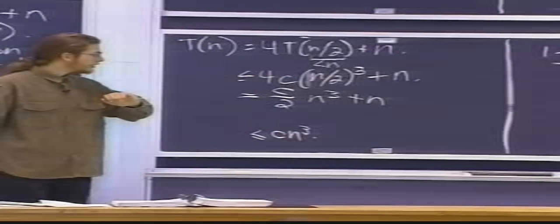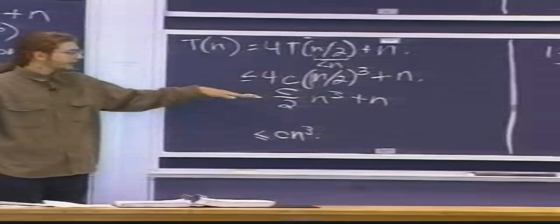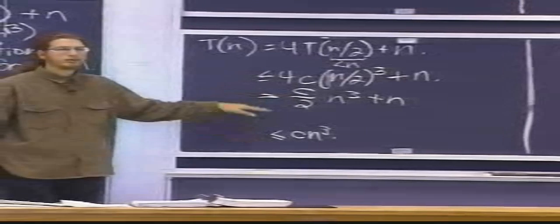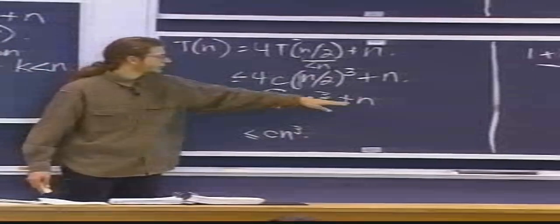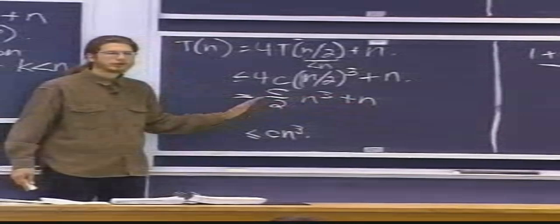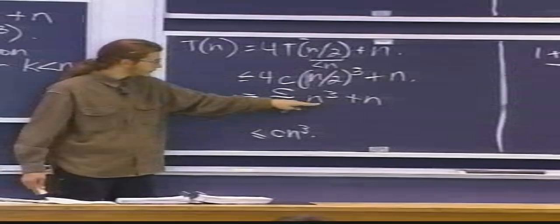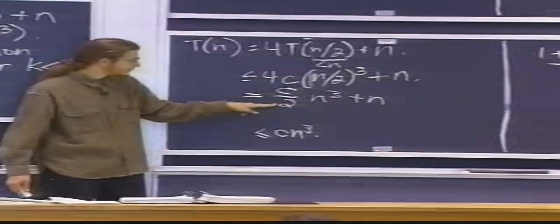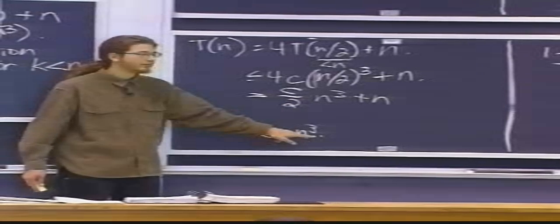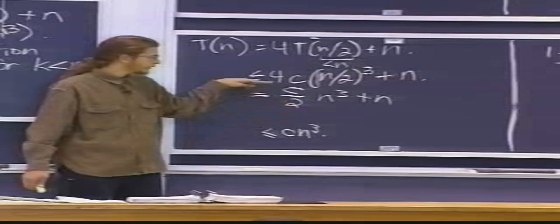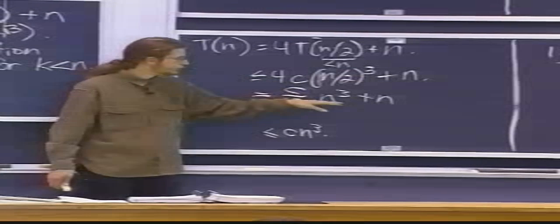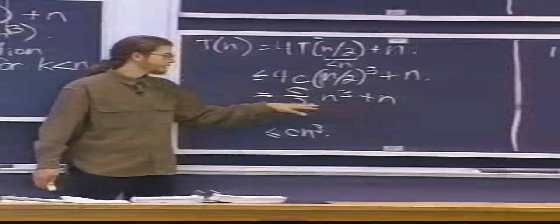And the first thing you should check is that this looks like it's going to work out intuitively, right? The most important term here is the n cubed. There's a lower order term, but that's not going to hurt us so much. We have an n cubed in front with a c over 2 in front, and we want to show that that's at most c times n cubed. So that's looking good, because the lead constant is smaller. We should be able to absorb the lower order term into here.